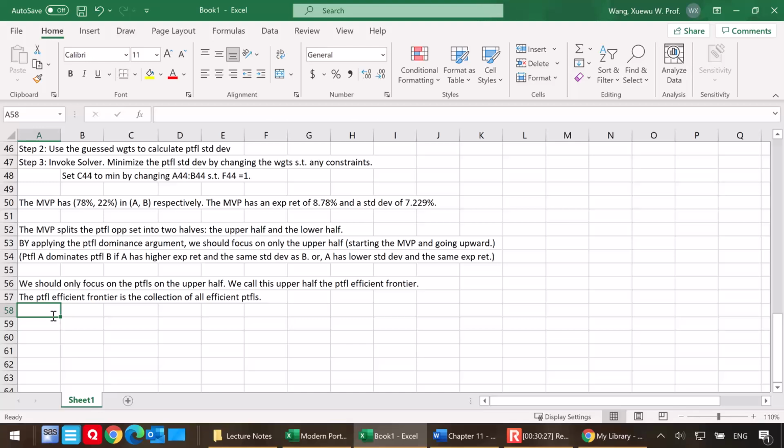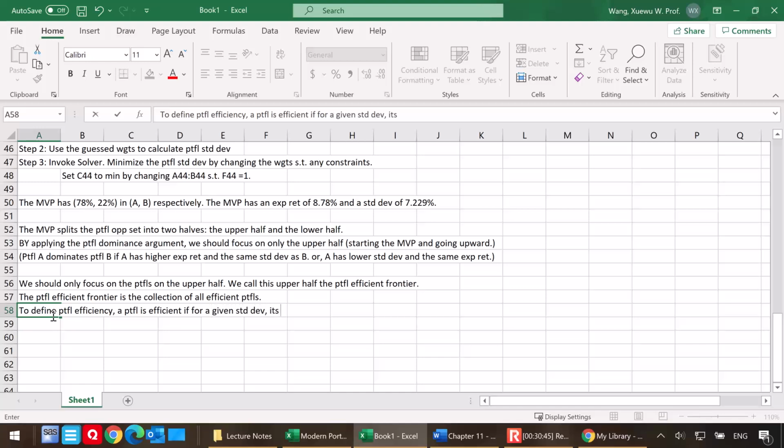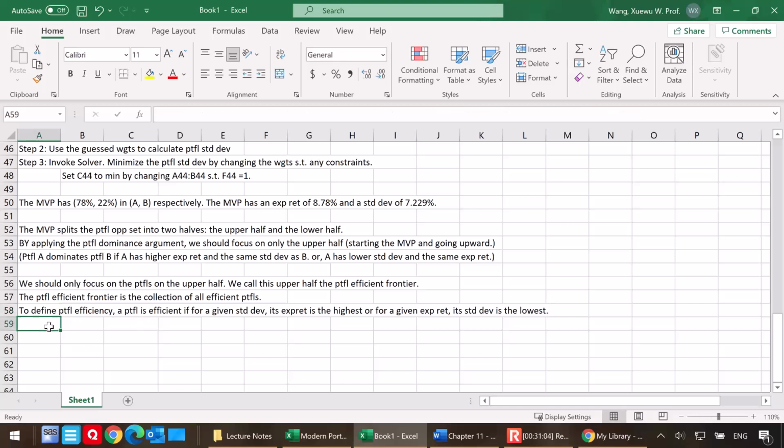So to define portfolio efficiency, I should say a portfolio is efficient if, for a given standard deviation, its expected return is the highest. Or, there's another way, for a given expected return, its standard deviation is the lowest. Okay, so that is the way for us to understand portfolio efficiency.